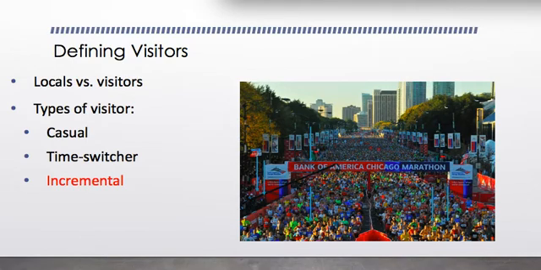So that means their event-related spending and any spending that they've done within the community. So travel, taxi cabs, subway rides, hotel stays, food and beverage, shopping, really any money they've spent while they're in the community, we want to account for as part of our economic impact study because they are there because of this sporting event. So if we're gauging true economic impact of that event, those incremental visitors are the ones that are most intriguing.